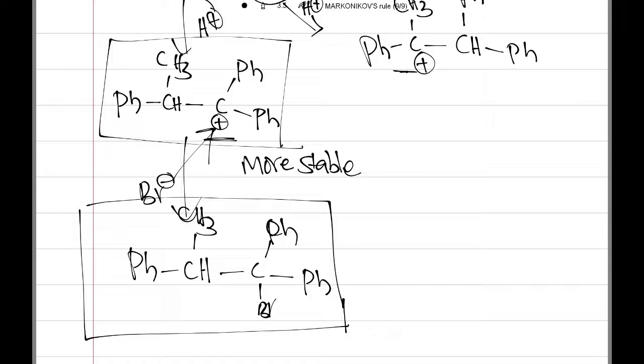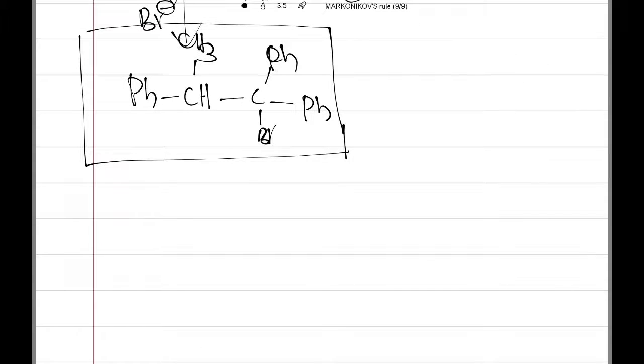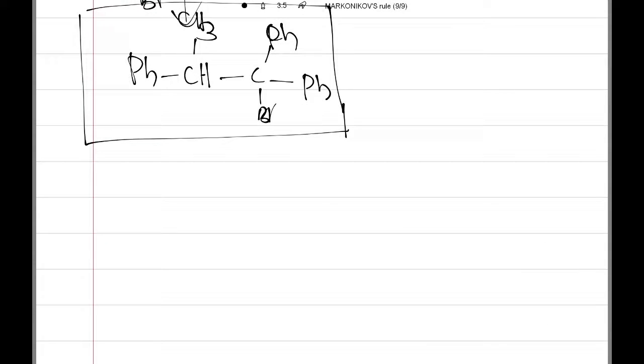Right, next one I am taking. I have a 5-membered ring which is connected to a 4-membered ring.